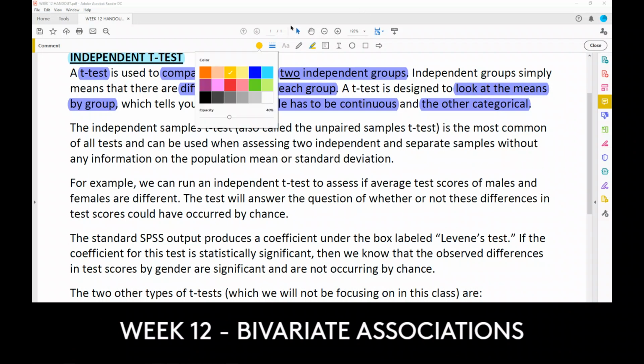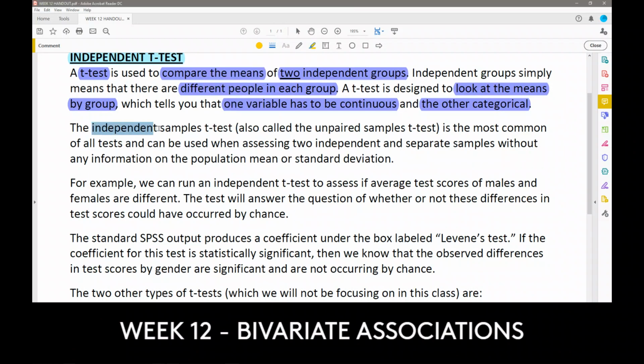So the independent samples t-test, which is what we're covering, is the most common of all t-tests used when you are looking at two separate samples.